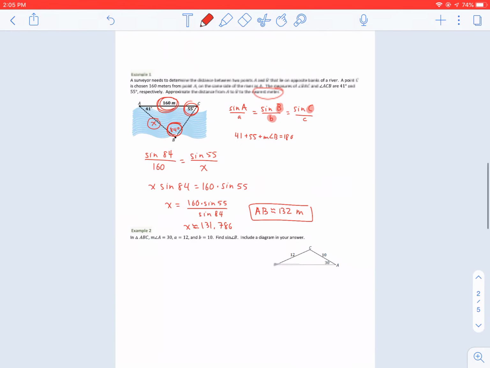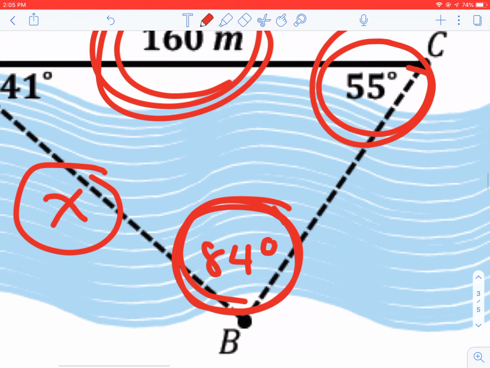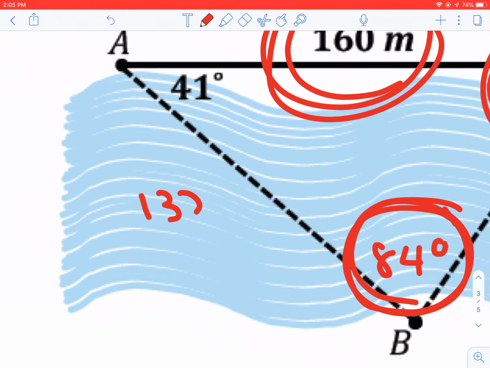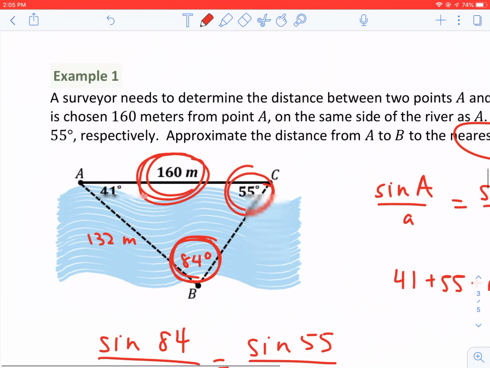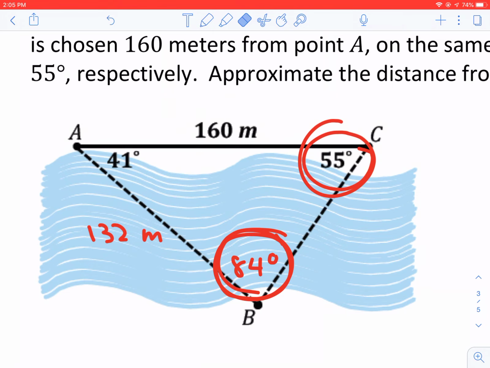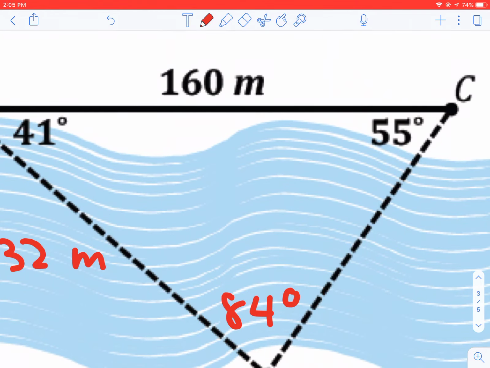I'm just going to go back and do a sanity check, see if this makes any sense. That looks pretty good. I know this answer has to be less than what? If you're thinking 160, that's correct because this angle here, 55 degrees, is less than 84 degrees.